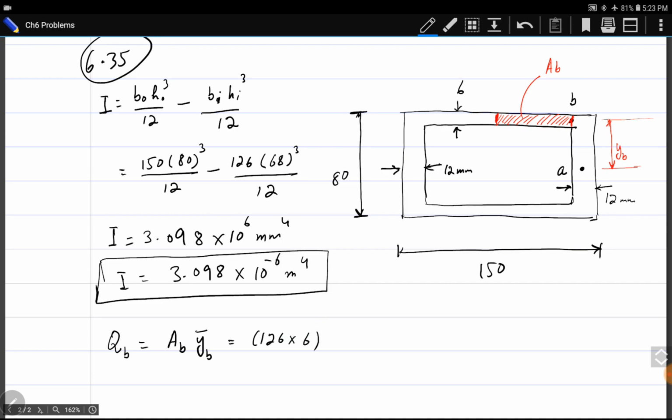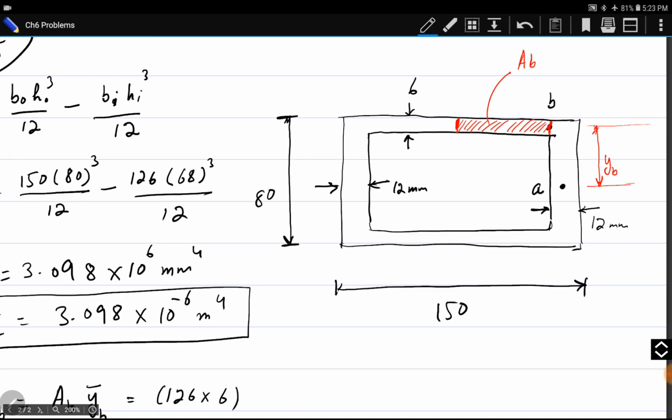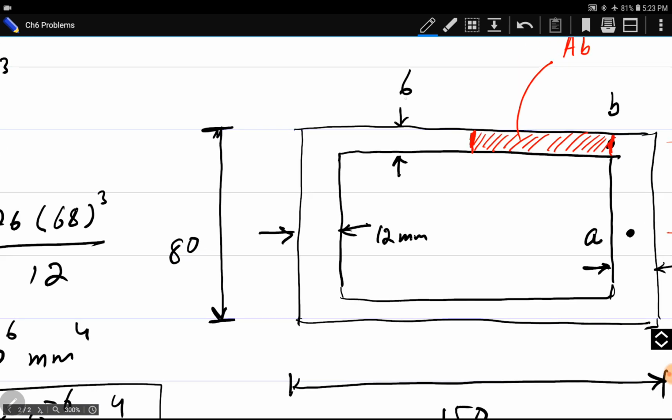And y_B is the distance of the centroid of this area A_B from the centroid of the total cross section. The total height is 80, half of the height is 40. If we subtract half of this thickness, 3, from 40, it becomes 37.